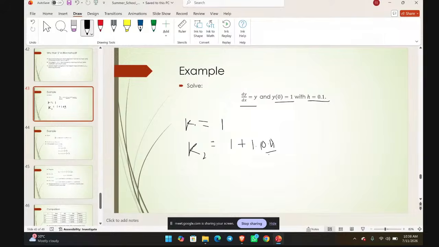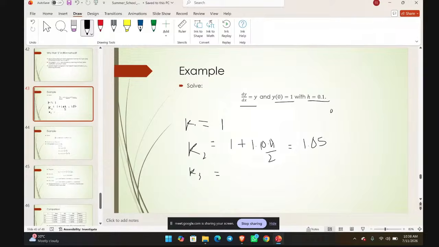Keep in mind, we are not reaching this point, we are just reaching it temporarily to evaluate the slope there, which gives 1.05.